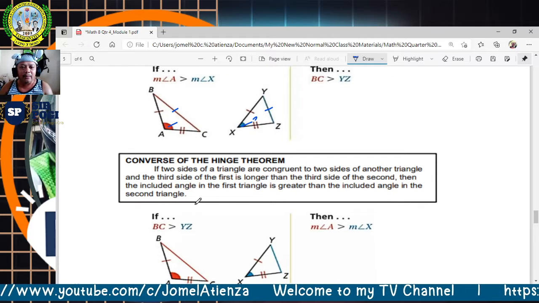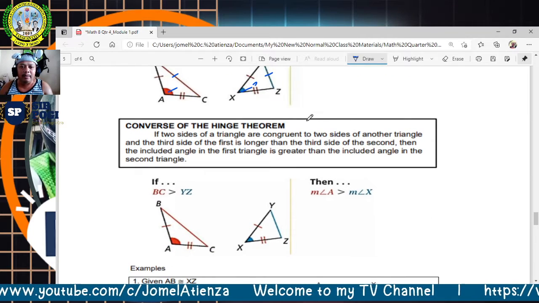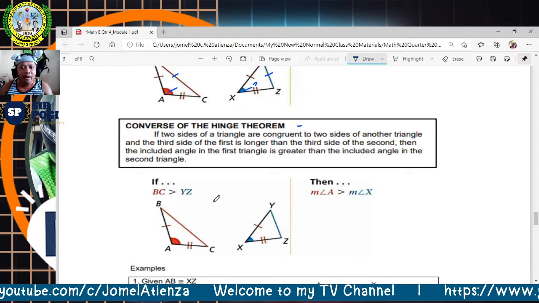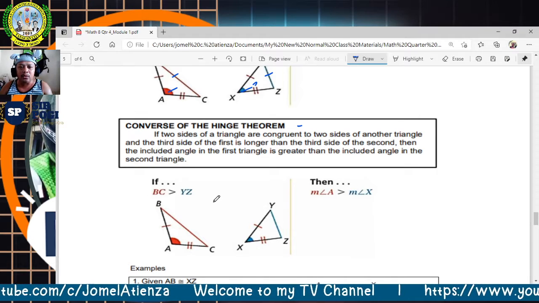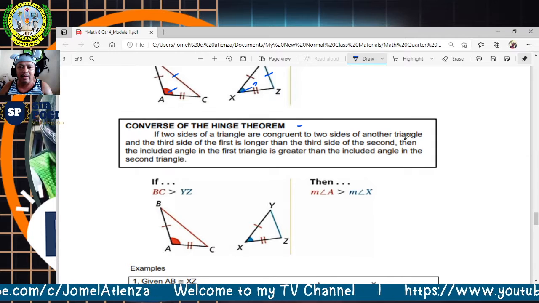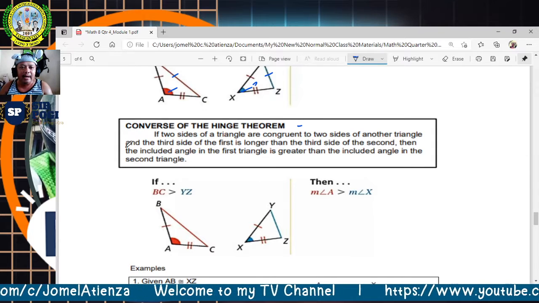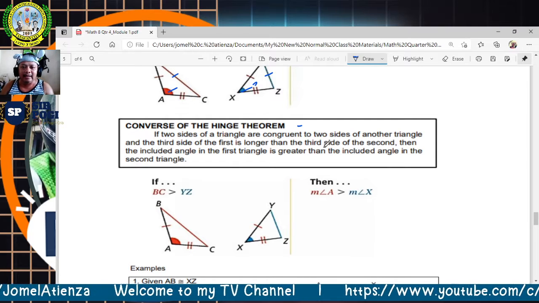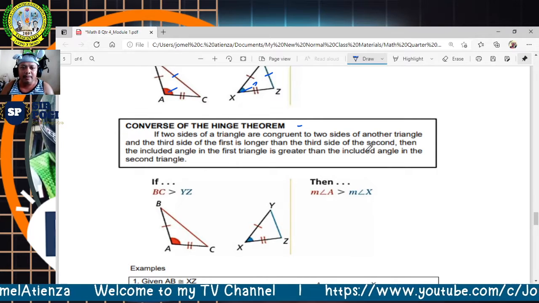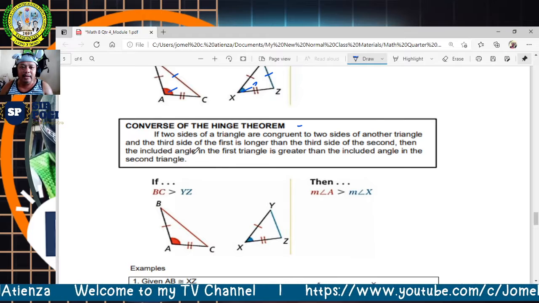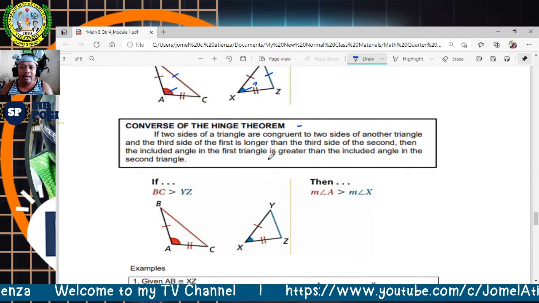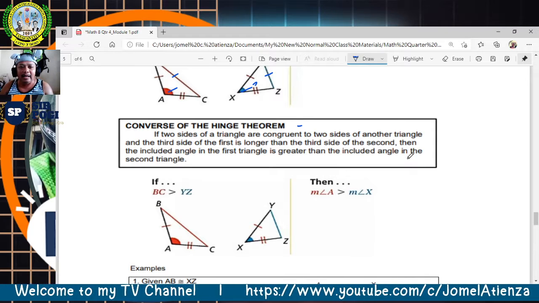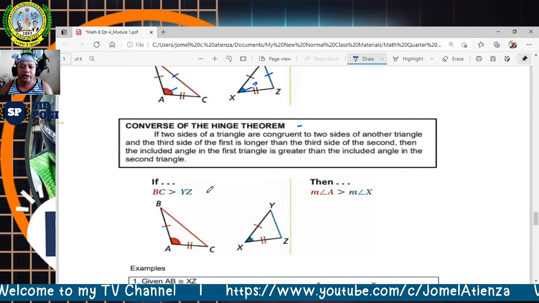Now, the converse of the hinge theorem. What is the converse? If two sides of a triangle are congruent to two sides of another triangle, and the third side of the first is longer than the third side of the second, then the included angle in the first triangle is greater than the included angle in the second triangle.